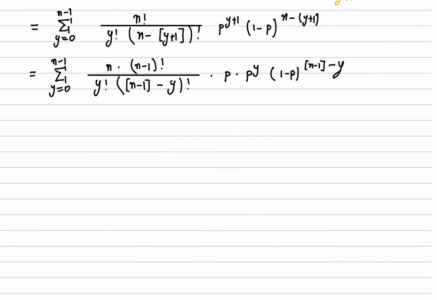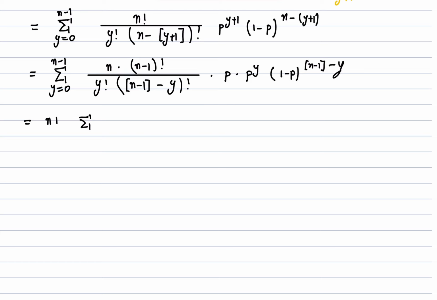So now we can do a bit more algebraic manipulation. The first thing we're going to do is, you've got a p and we've got an n. We're going to take those all the way out the front.